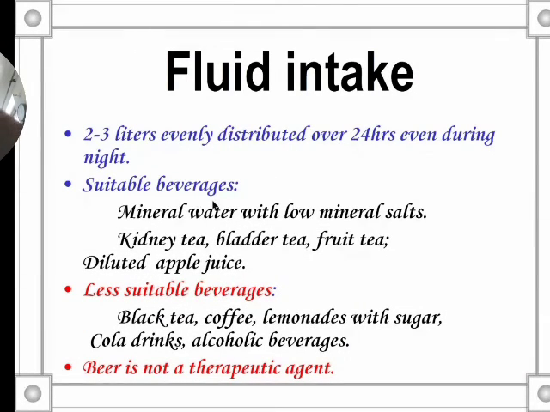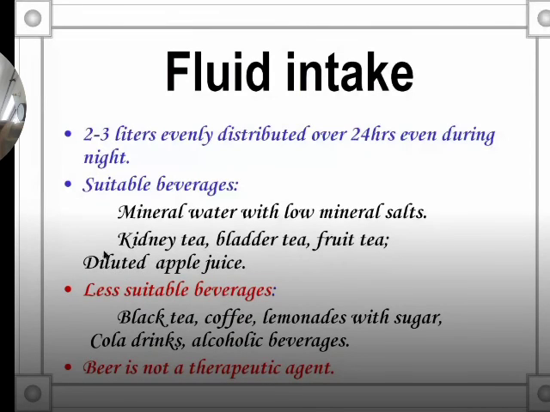Suitable beverages are mineral water with low mineral salts, kidney tea, bladder tea, fruit tea. There are different types of teas available in the market. So they can use this kidney tea, bladder tea, fruit tea for diet purposes. These are good for patients who form stones, and they will prevent the stones.